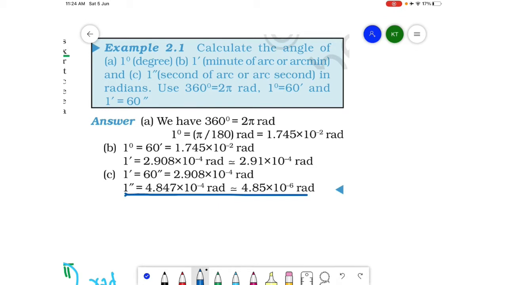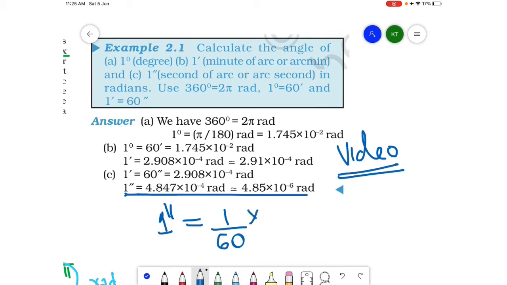So this is how we convert from 1 second to radians. So this is given in one of the videos. Do refer to that. I'll put it in the link. So basically 1 second is equal to this thing. That is otherwise 1 by 60 into 1 by 60 into pi by 180.